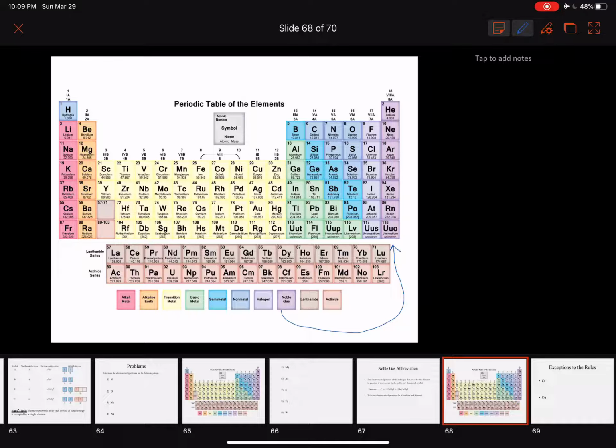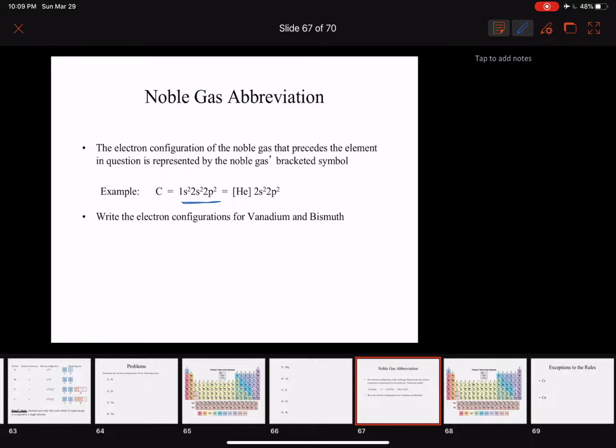And carbon's previous noble gas is helium. So we would write helium in brackets to indicate we have helium's electron configuration, which is only 1s2, and then we have 4 more electrons, and where are those? Those are in the 2s2 and the 2p.